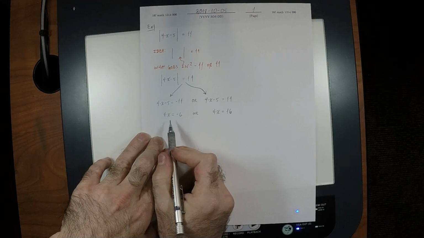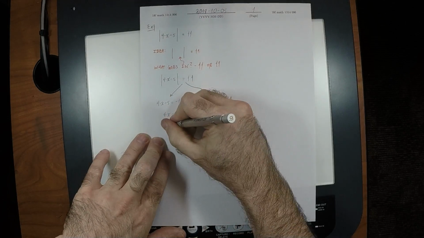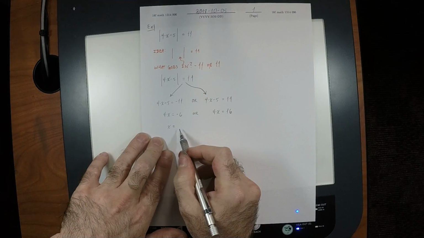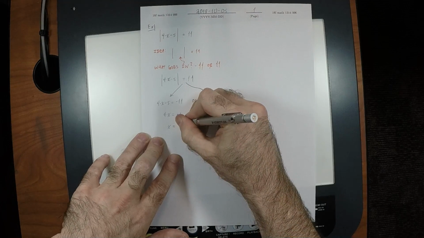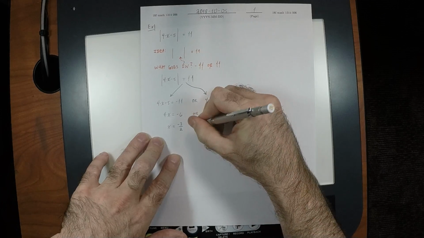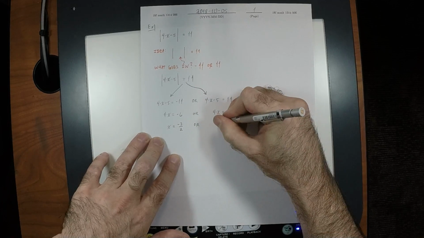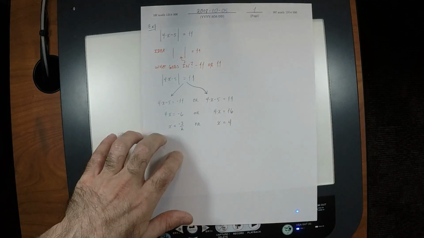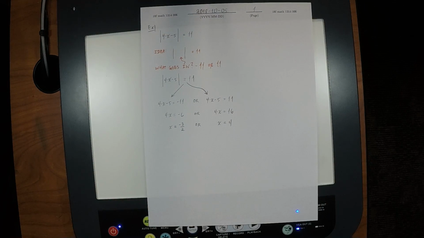Then dividing by 4, x is what? Negative 3 over 2, because it cancels a little bit. And dividing this one by 4, x is 4. All right. That's interesting.